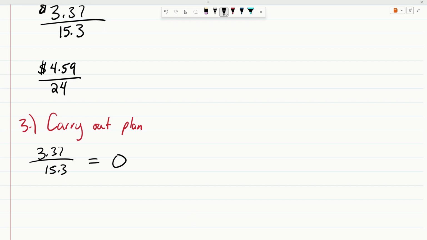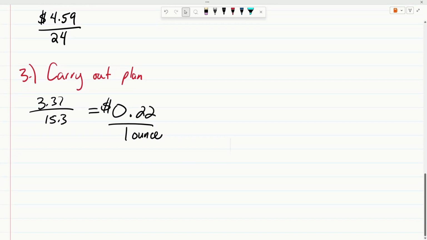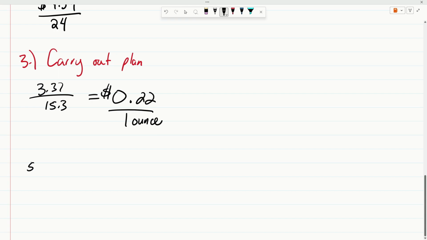That's going to give me 22 cents per 1 ounce. That's what the first one comes to. Our second is $4.59 per 24 ounces. So that's going to be $4.59 divided by 24.